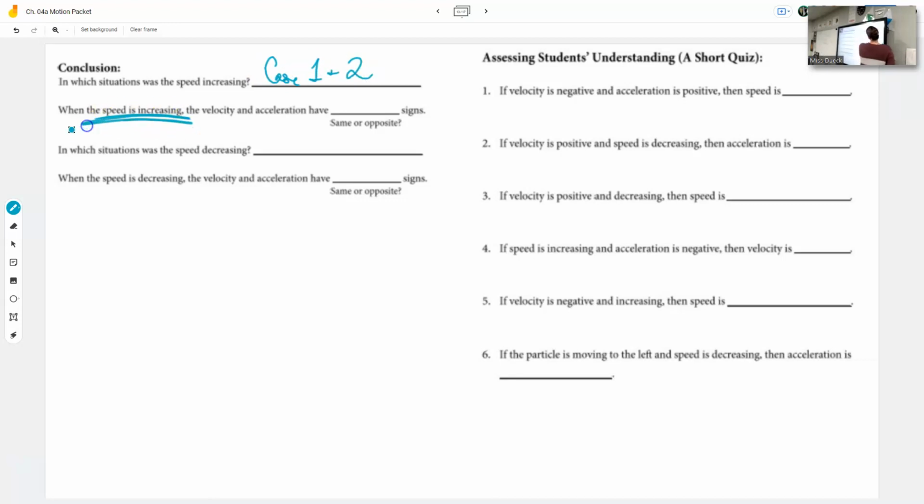When the speed is increasing, which is in your forever card for motion, that always happens when both velocity and acceleration have the same sign. Speed will be decreasing when velocity, v of t, and acceleration, a of t, have opposite signs. They're working against each other, so that thing's going to be slowing down.